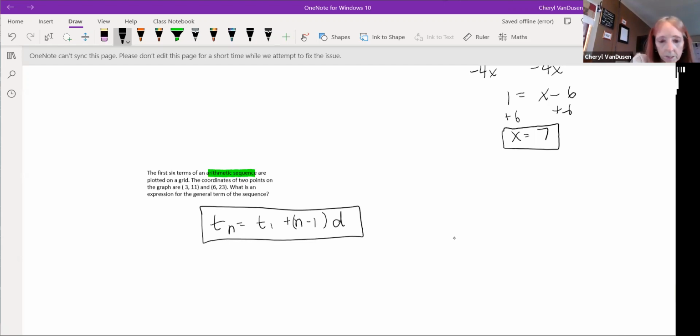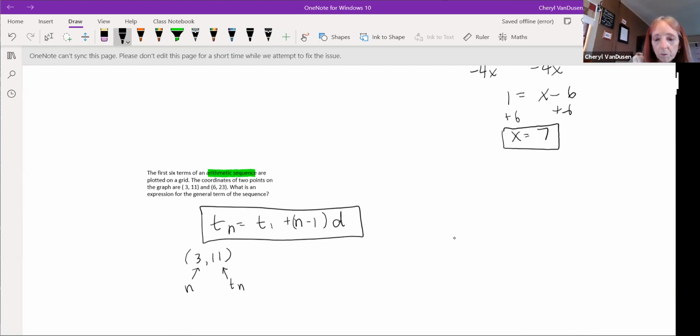Then the coordinates, it tells us (3, 11). What that is telling us is that this is the 3rd term, so therefore n is 3, and this is the value of the 3rd term. Therefore, this is Tn, or term 3.